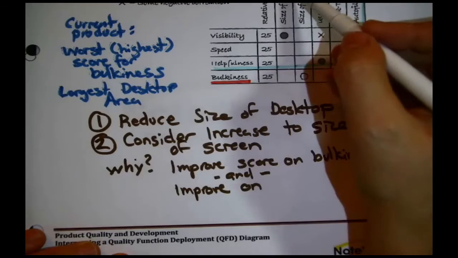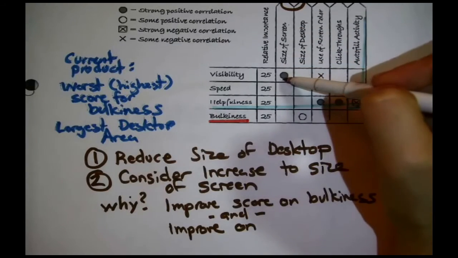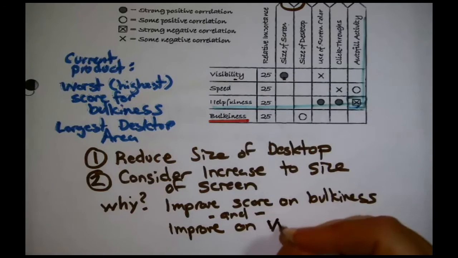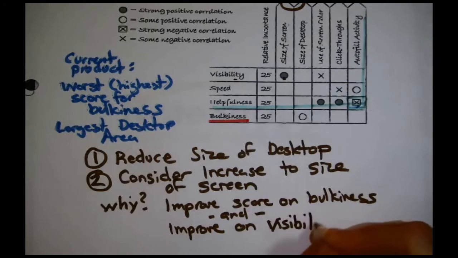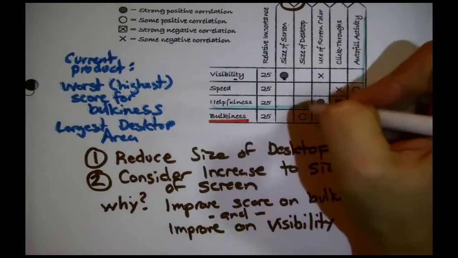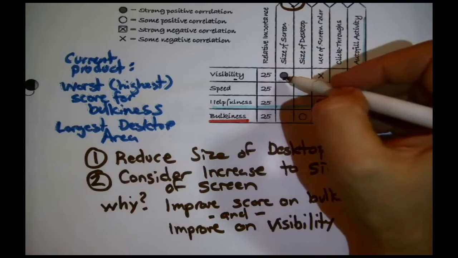If we could make the size of the screen larger here, what would improve? Do you notice strong positive correlation with visibility? So if we make this smaller, we drive bulkiness down, plus we can make the size of the screen bigger, connecting through that, and then that increases visibility.